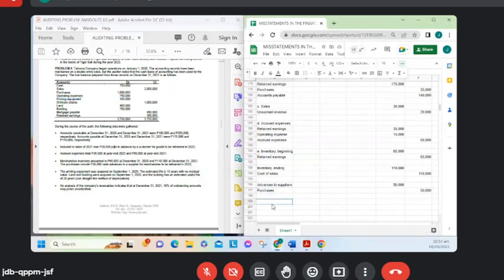So the missing entry here is the depreciation. So letter F, depreciation of PPE. So yung una is adjustment to depreciation expense, equipment.